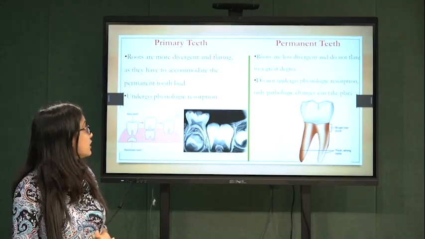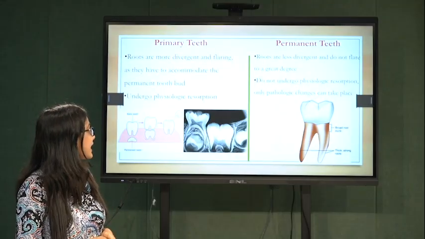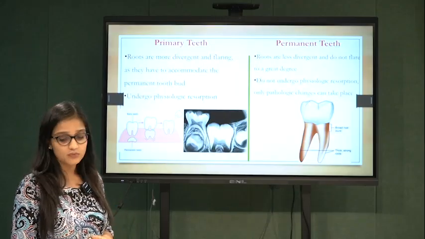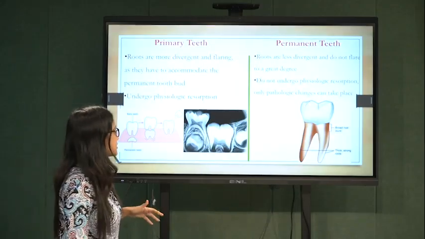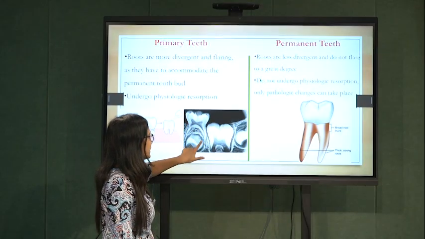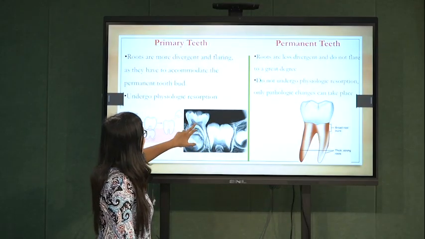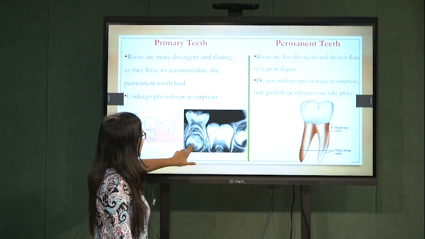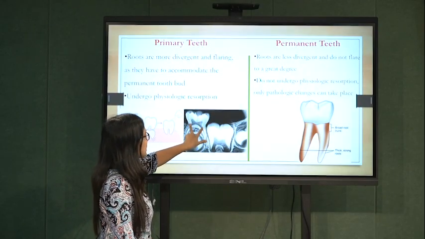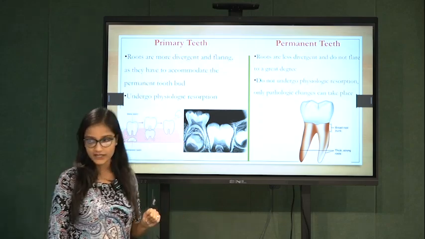In primary teeth, roots are more divergent and flaring, as they have to accommodate the permanent tooth bud. As we can see in this radiograph, this is the primary second molar, and this is the tooth bud, which the roots have to accommodate. So the roots of the primary teeth are more divergent and flaring.